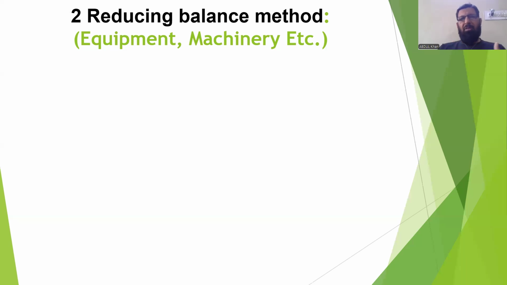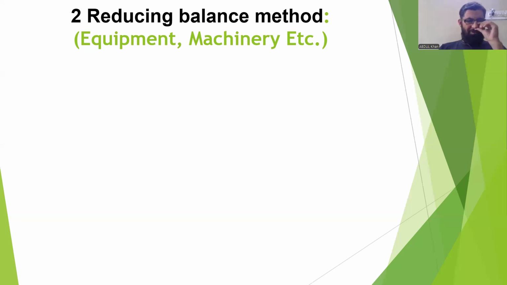But as the life passes, every 1 year, 2 years, 3 years, 4 years, the efficiency or output of the fixed asset is reducing gradually. In this way, you charge higher depreciation expense early and lower later. When efficiency is decreasing, your depreciation charge also decreases.